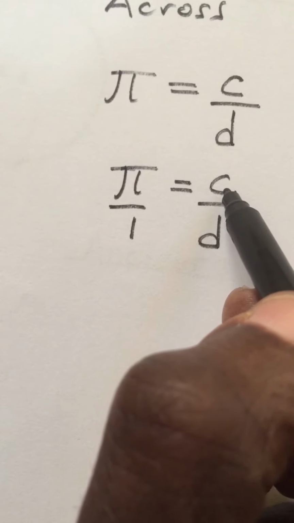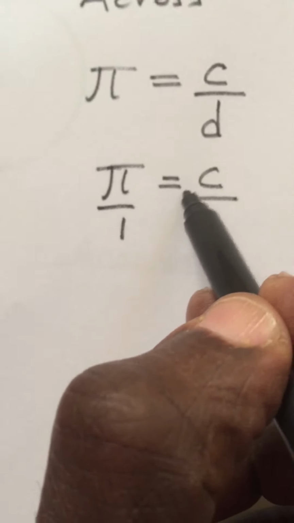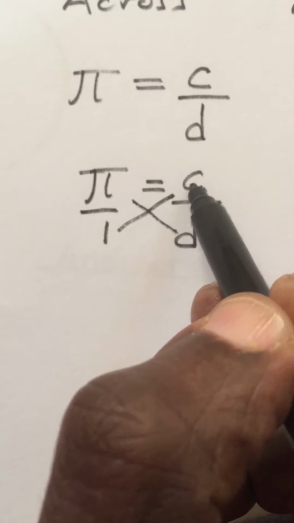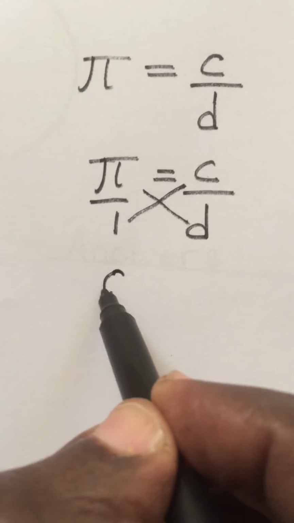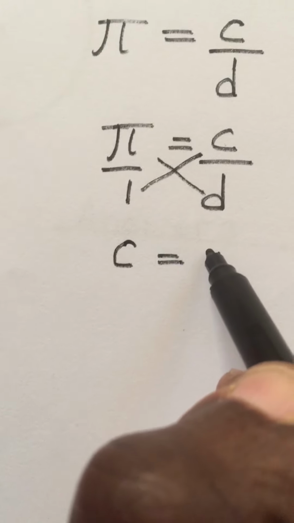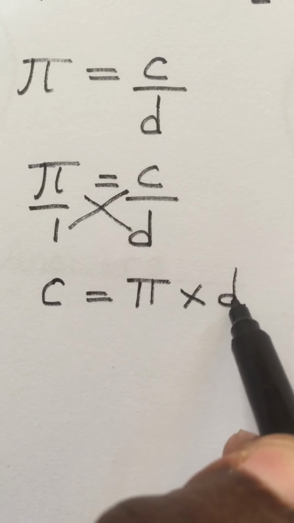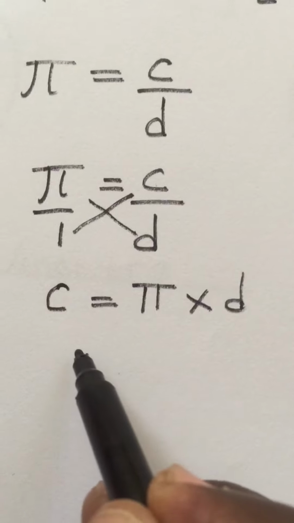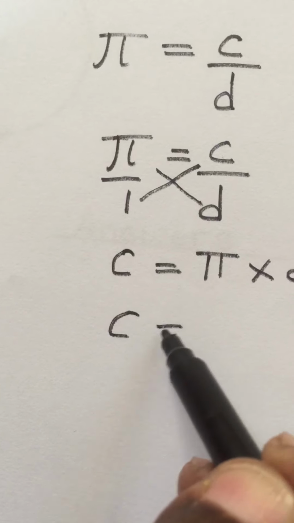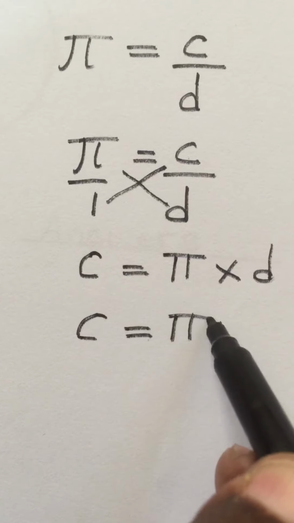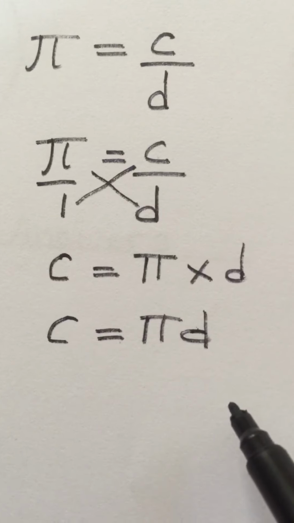I would like to make C the subject of the formula. So you cross multiply. C times 1, this is C, which is equal to pi times D, which is diameter.